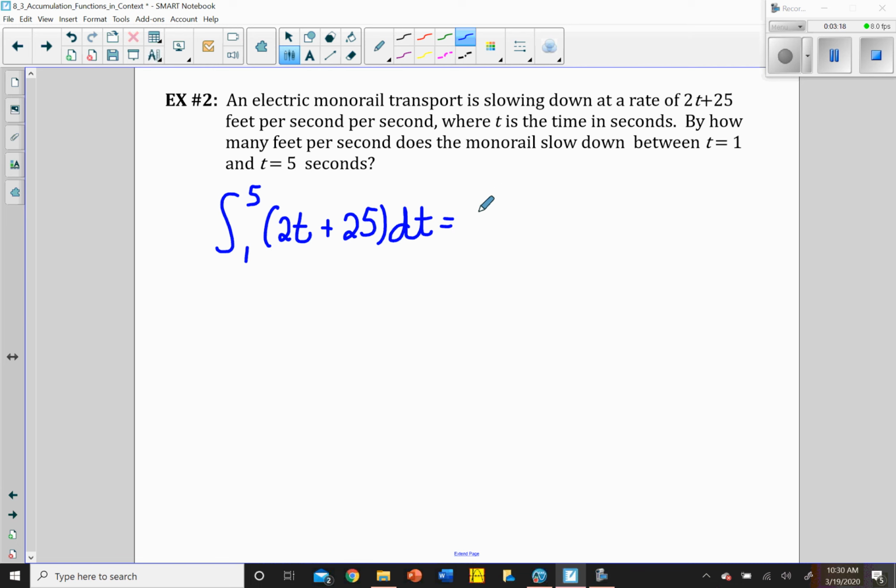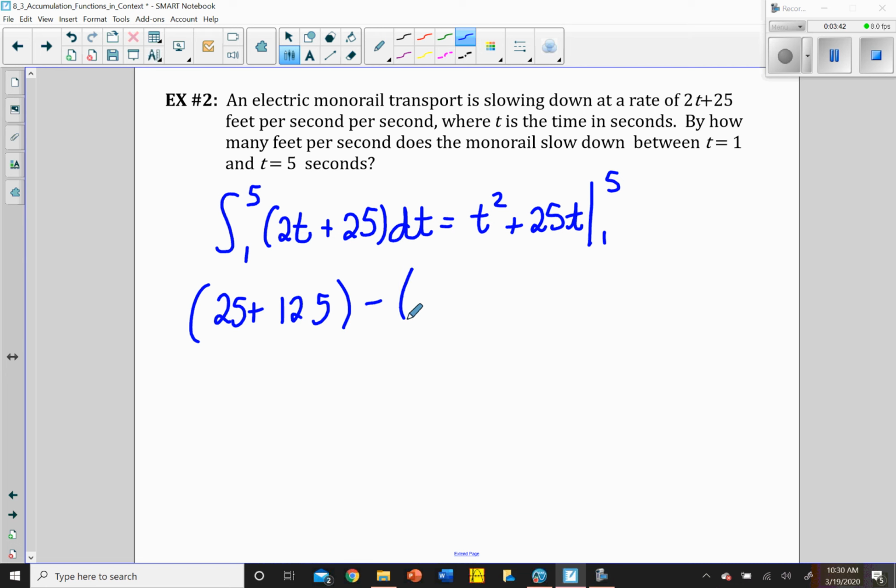would give us t squared plus 25t on the interval from 1 to 5. So 5 squared, that's 25, plus 25 times 5, 125, minus 1 plus 25.